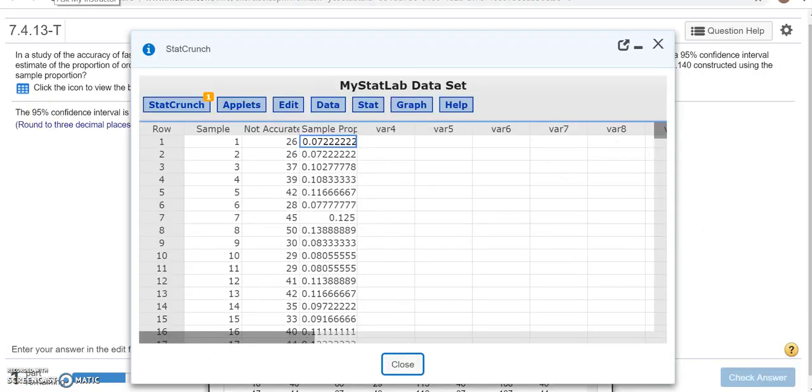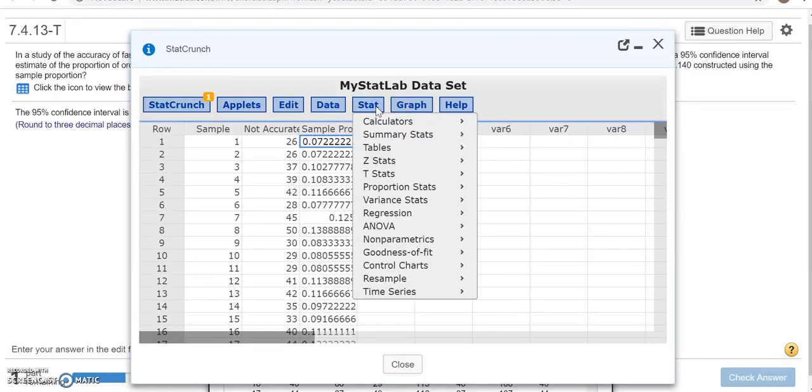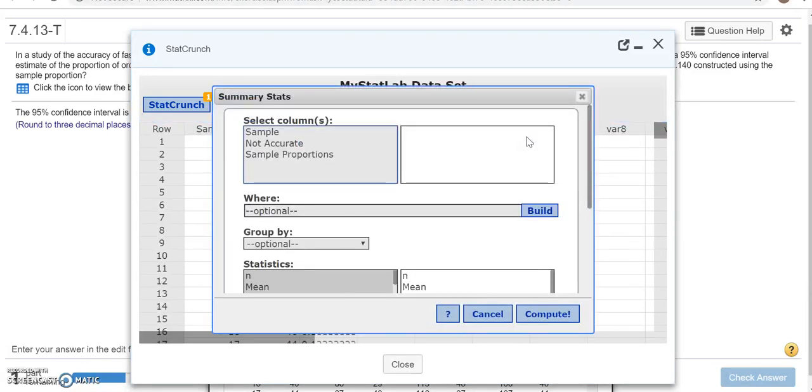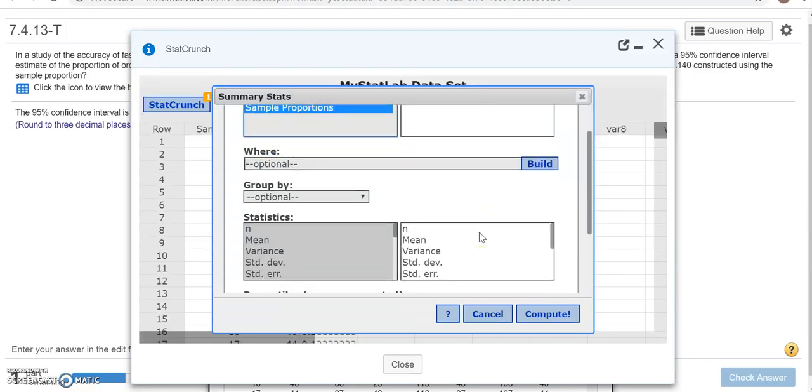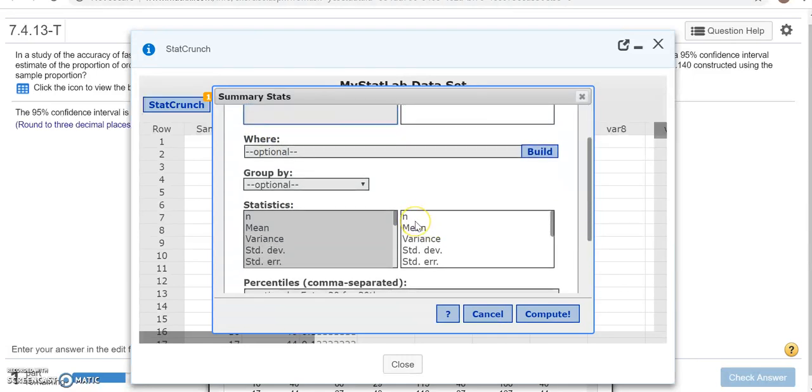Back in StatCrunch, in order to find the percentiles, I'm going to go to Stat, Summary Stats, Columns. I want to get the percentiles for that column of sample proportions that I created. If I scroll down, some statistics are already selected.